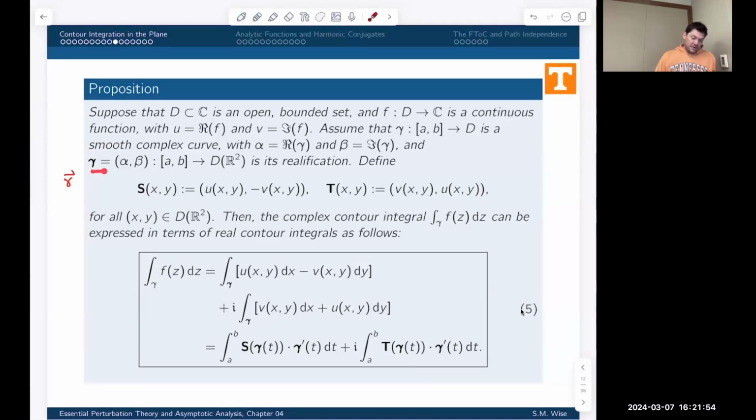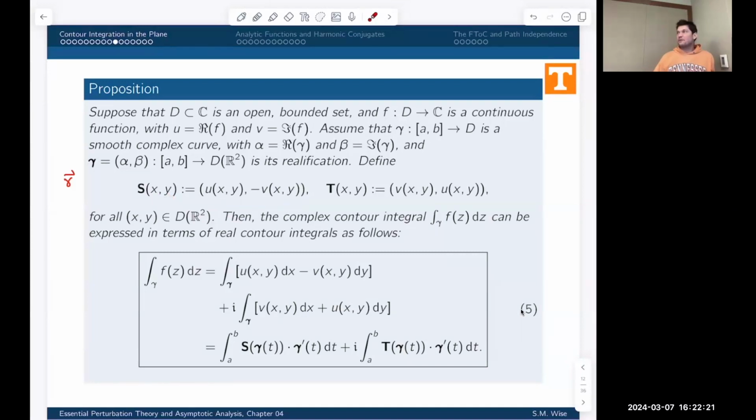So then gamma is the realification of that, right? So it maps AB into the real set R2. So let's define a couple of vector functions, S and T. S is going to be U and minus V, and T is going to be V and U. Okay, so these are vector functions. They map points from R2 into R2.